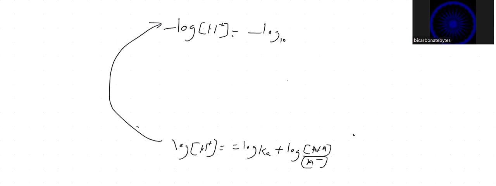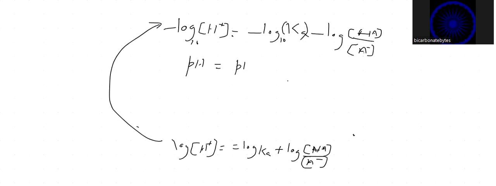Now negative log of H plus is nothing but pH, and negative log of Ka is nothing but pKa, minus log to the base 10 of concentration of acid by conjugate base.